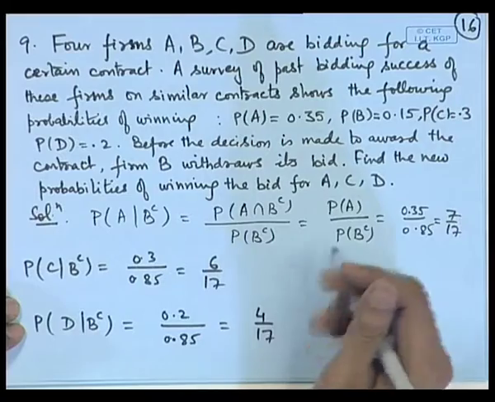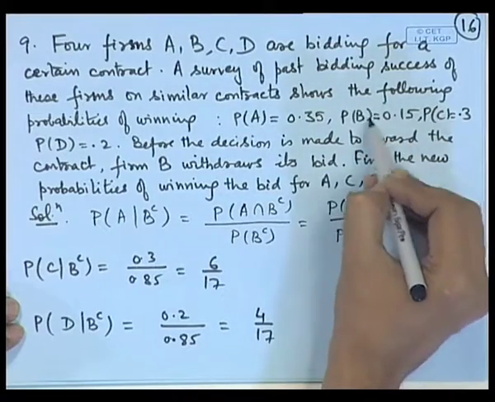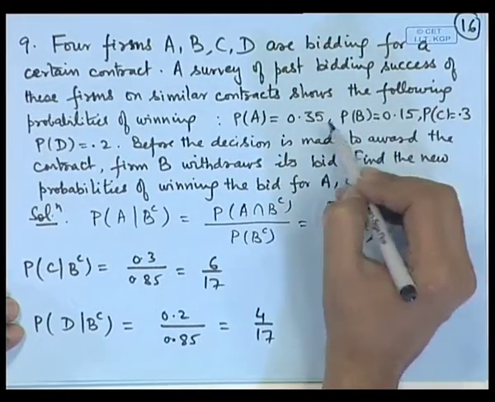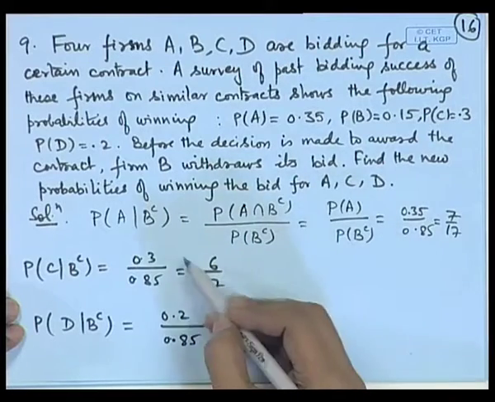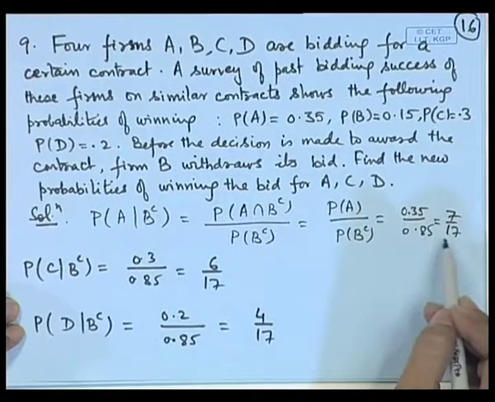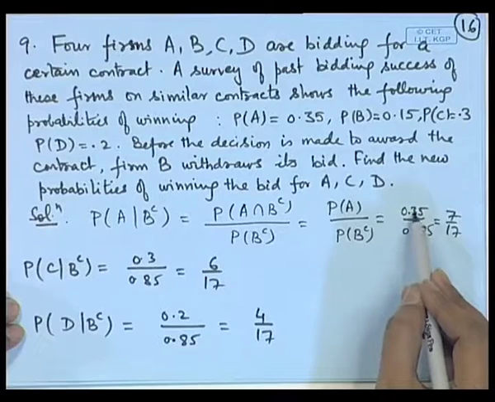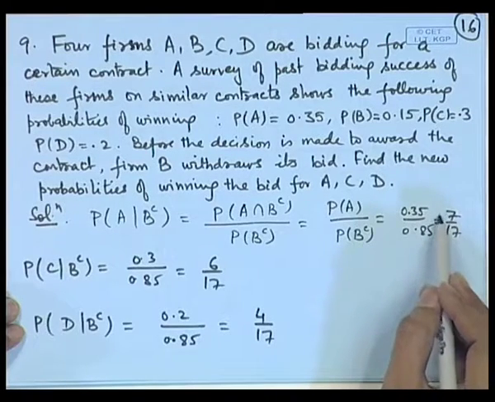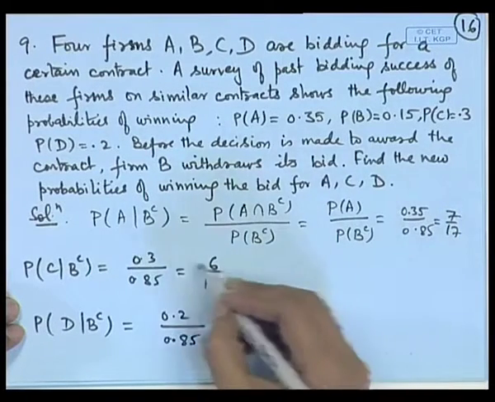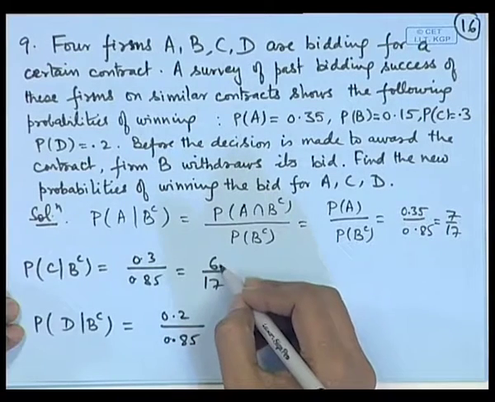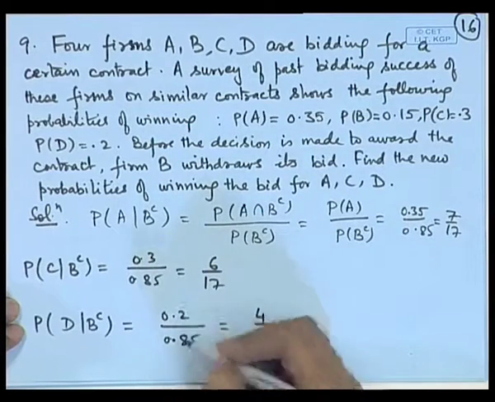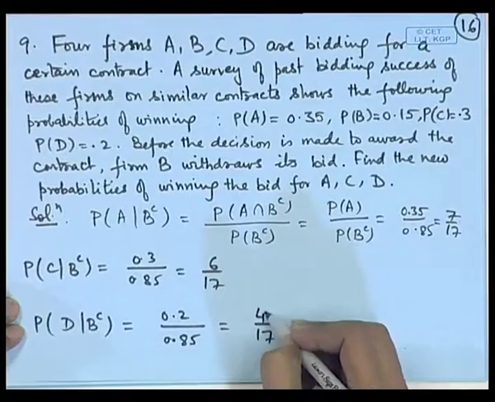So, if B has withdrawn, his share of probability is allocated to the other 3 bidders, and that is why the probabilities are getting modified. In place of 0.35, it has become slightly more than 0.35. In place of 0.3, it has become slightly more than 0.3. In place of 0.2, it has become slightly more than 0.2.